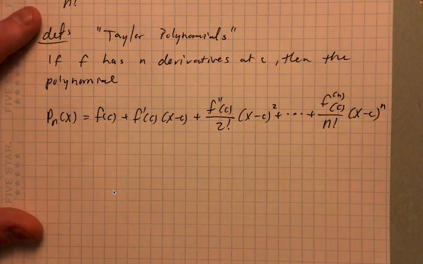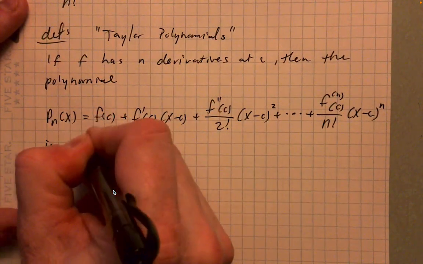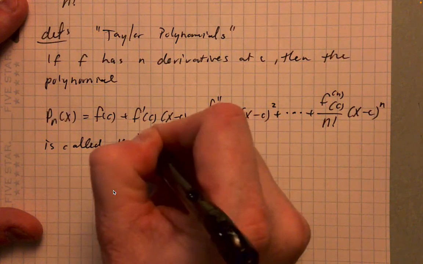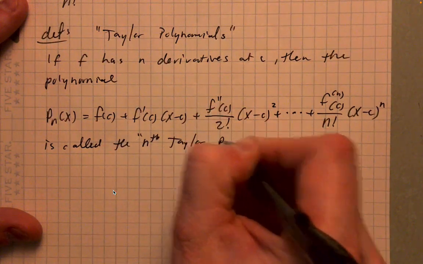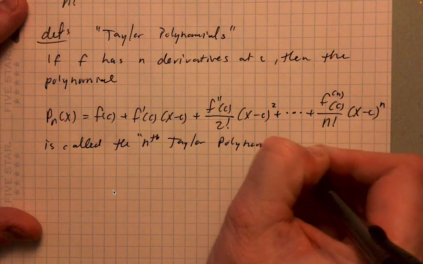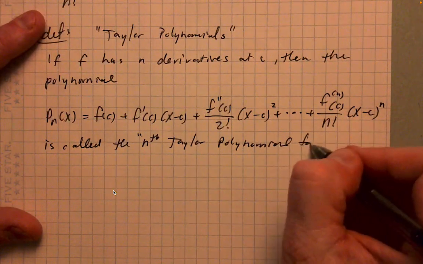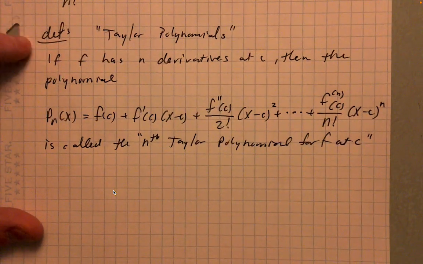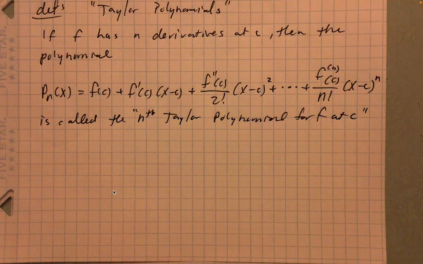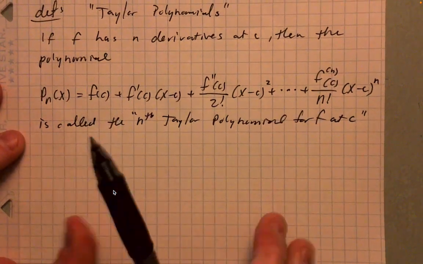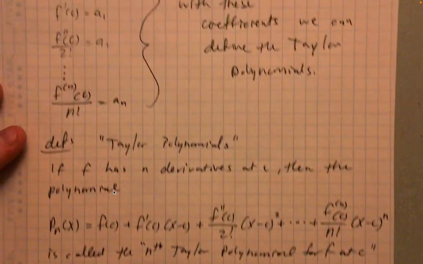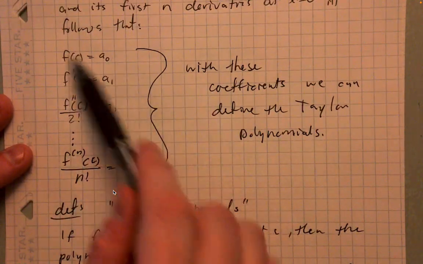This is called the nth Taylor polynomial for f at c. So that's the definition of a Taylor polynomial. You can see this took the form of the approximation that we detailed last time, and it just flipped some of this on its head.